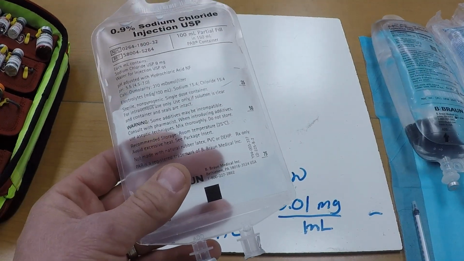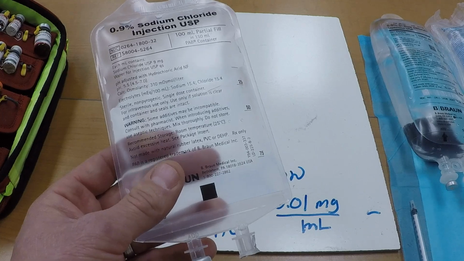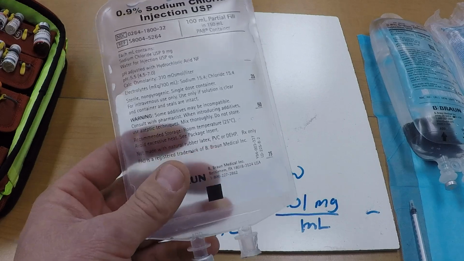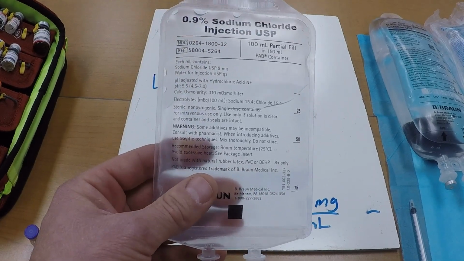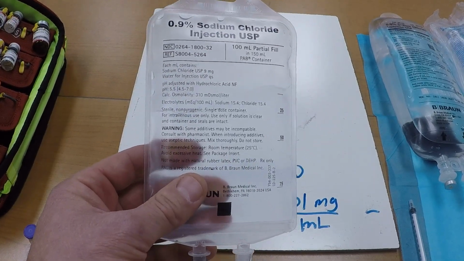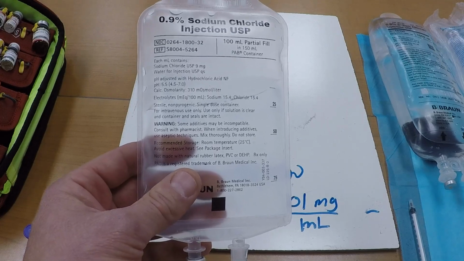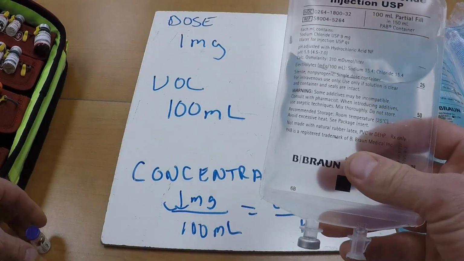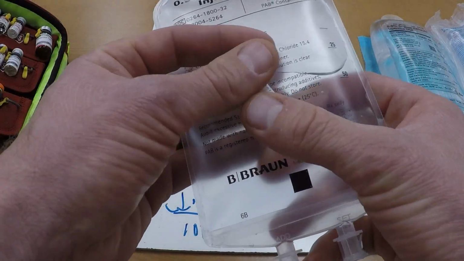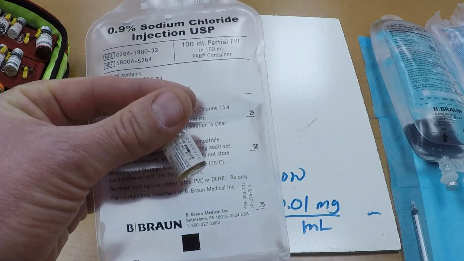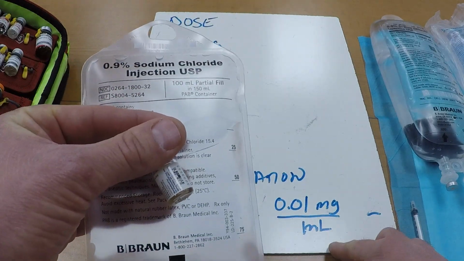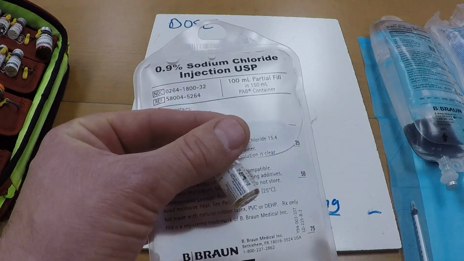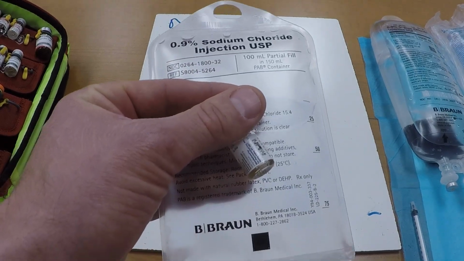But the other thing that you can do is a push dose epinephrine, where your patient is not in cardiac arrest, but they're in shock, they're hypotensive, maybe they were resuscitated from cardiac arrest, or they have sepsis, something like that. We take our 1 milligram in 100 milliliter concentration of epinephrine, or 0.01 milligrams per milliliter, and we can administer this as a slow IV push.